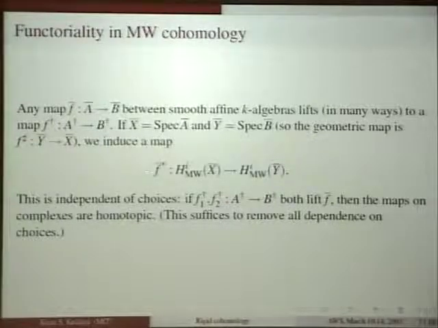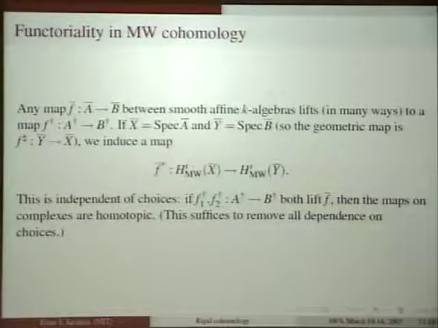But so you get a map induced on de Rham cohomology, which I'm calling the Monsky-Washnitzer cohomology of the special fibers, just by taking this thing and formally extending the map to differentials.